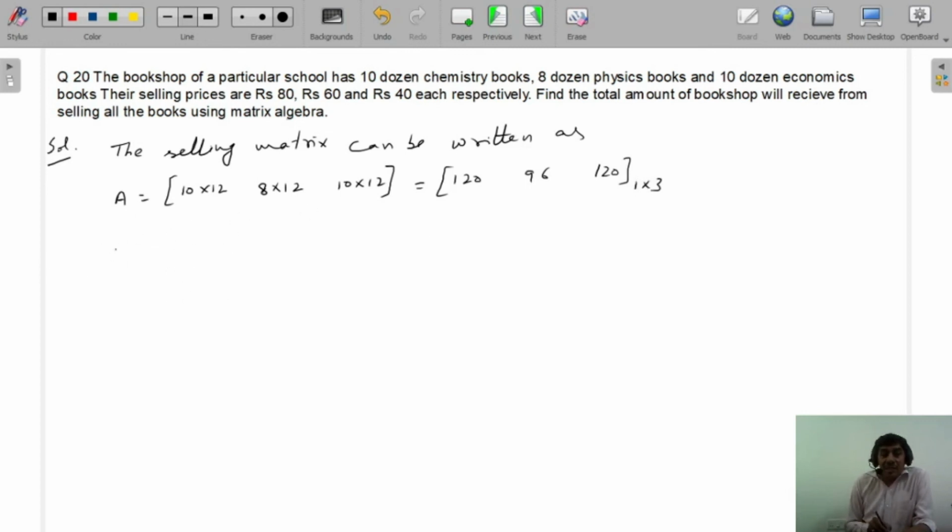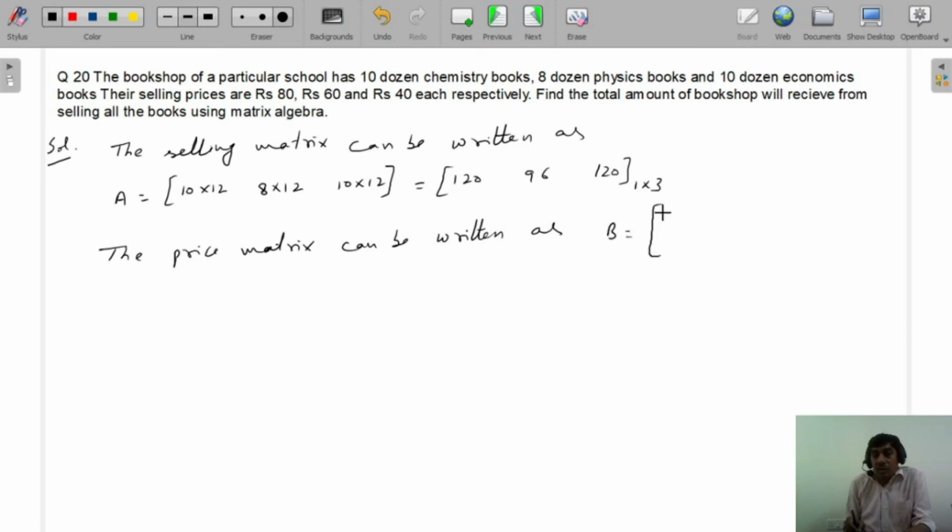The price matrix can be written as B is equal to [80, 60 and 40]. The price of a chemistry book is 80 rupees, the price of a physics book is 60 rupees and the price of an economics book is 40 rupees.